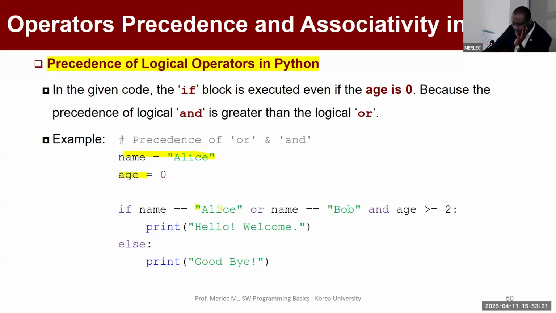If name is equal to Alice or name is equal to Bob and age is greater than or equal to 2, you want to print welcome only if the name is either Alice or Bob, but this condition should be true for this instruction to be executed. Hello world. Otherwise, goodbye. If this one is false, you cannot show the hello world message on your screen.